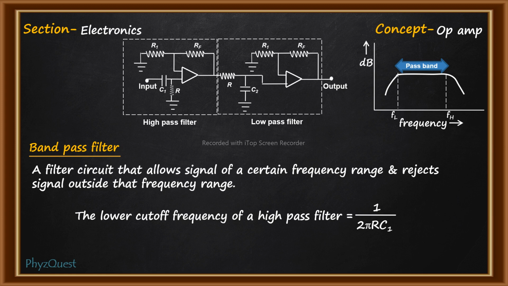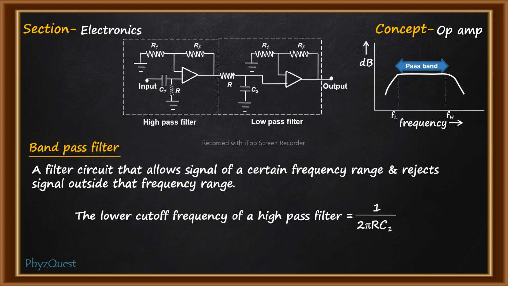Earlier it was applied to the capacitor. Now the output is taken across the capacitor, whereas in a high pass filter the output is taken across the resistor. So this is this part of the circuit.